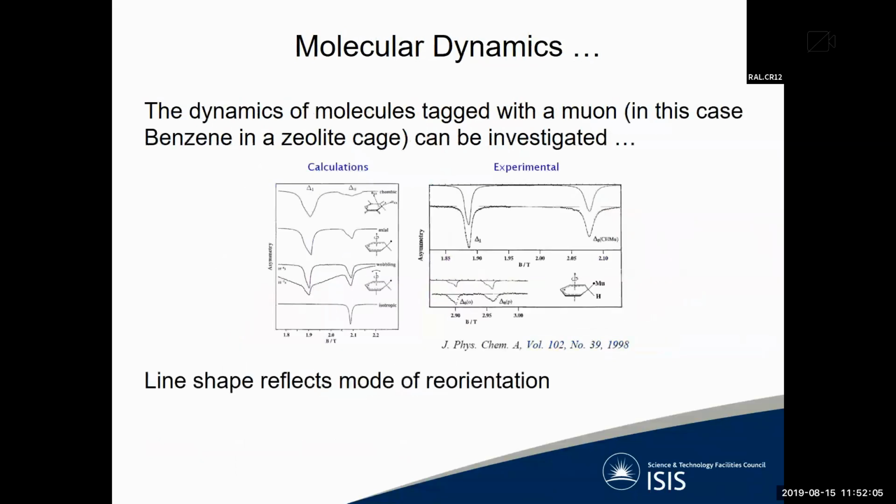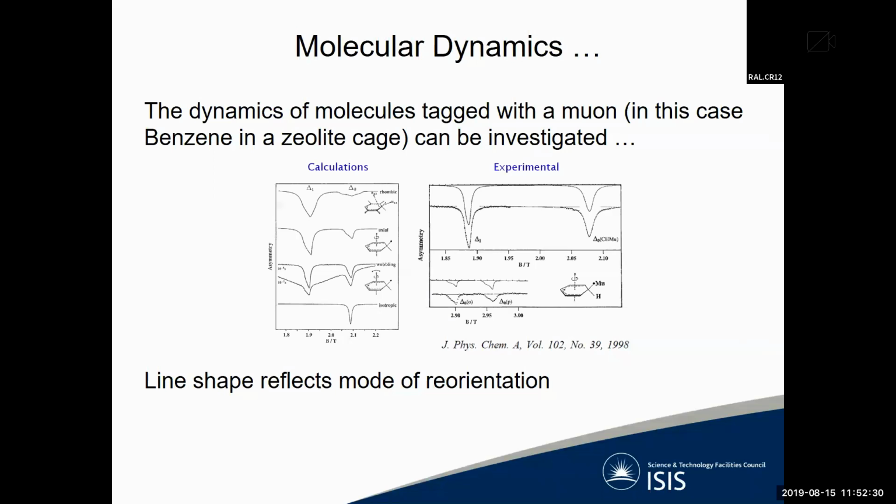Molecular dynamics is a nice example of this, of molecules tagged. So in this case, we've got benzene in a zeolite cage, and it's been tagged with the muon. So we've again formed the cyclohexadiene radical. And you can see from the calculations that the line shape is very dependent on the type of motion you've got.